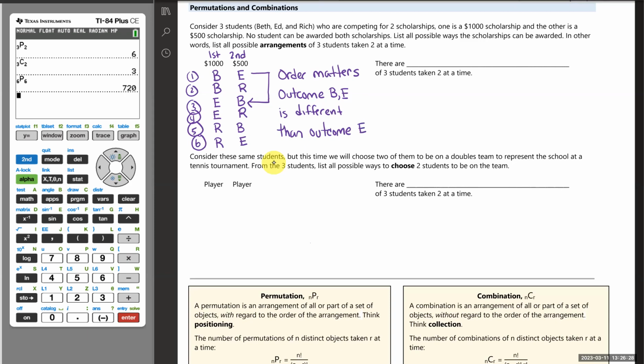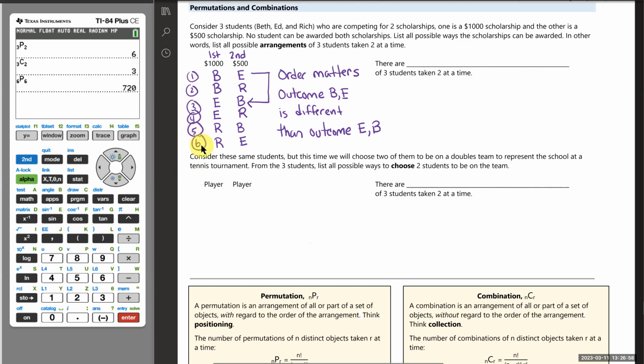Right, Ed getting first place and Beth getting second place are 2 very different things, right? So the position that we put the people in, first place, second place, is resulting in something new. So it certainly matters to them, right? In this outcome, Beth gets $1,000. In this outcome, Beth only gets $500. So different arrangements are resulting in different outcomes. So that's what we mean when we say order matters.